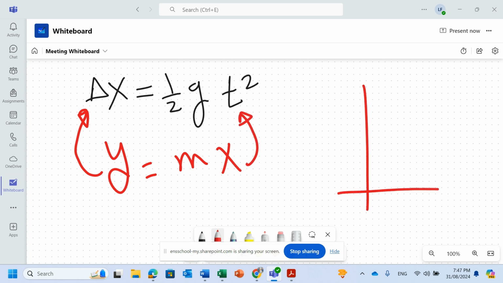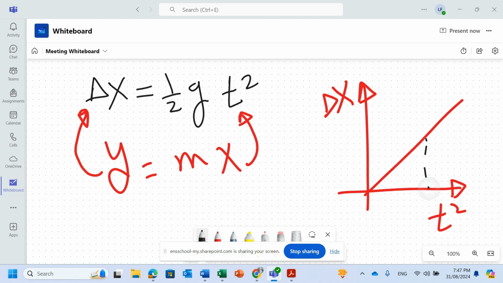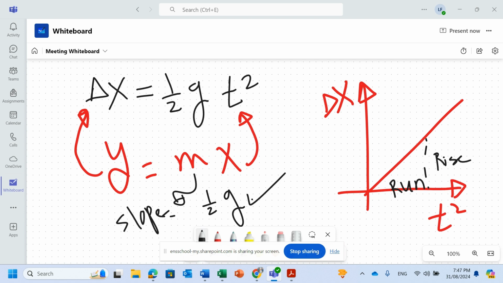So when we graph, we have to graph the relationship between height, delta x, and t squared on the x-axis. Now we should get a straight line. The slope of this straight line, which is rise over run, will represent half g. So half g is the slope, and we have to get the value of the slope in order to find g.